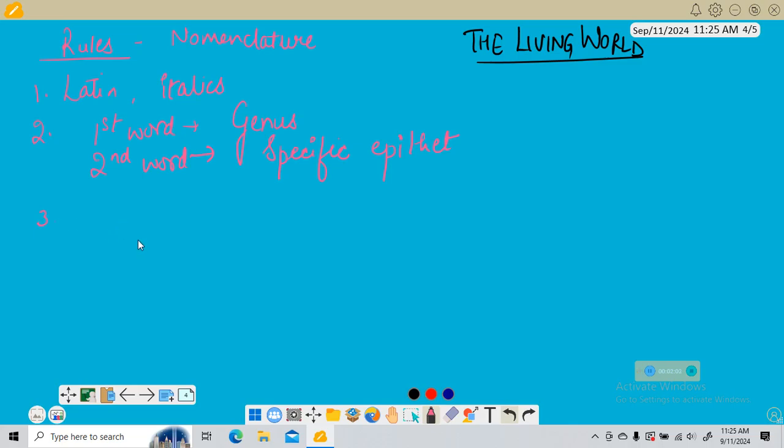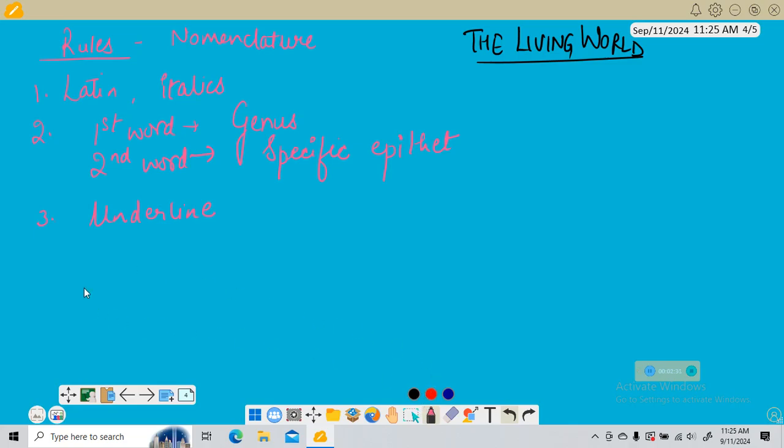Then both the words in a biological name should be separately underlined if we are writing it by hand, or if it is in printed form, it should be in italics.